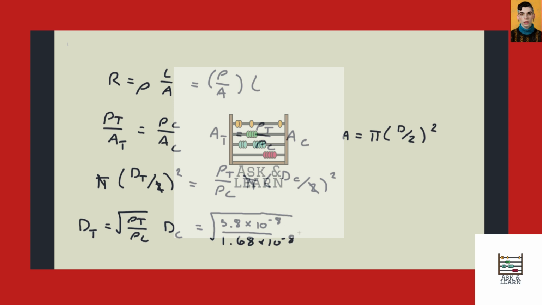Here I'm dropping the units because they just cancel out. And we know that the diameter of our copper wire is going to be 2.2 millimeters. Plugging in these numbers, we find that we need a diameter of tungsten wire of 4.0 millimeters, where I've rounded to 2 significant figures because that's the number that they used in the problem.